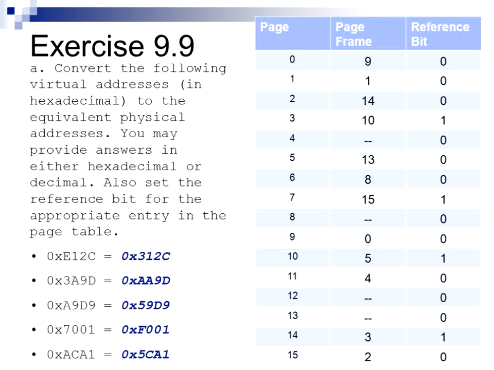You were supposed to convert the virtual addresses to the equivalent physical addresses and give the answers either in hexadecimal or decimal. It was actually easiest to do this in hexadecimal.